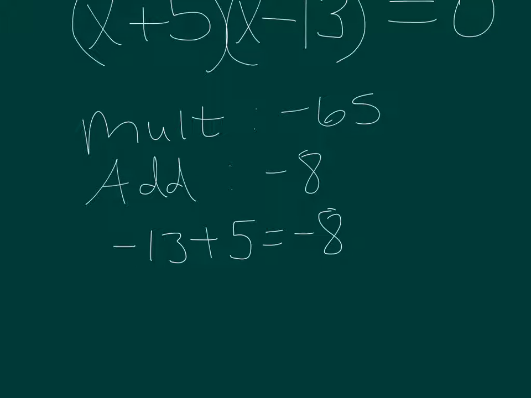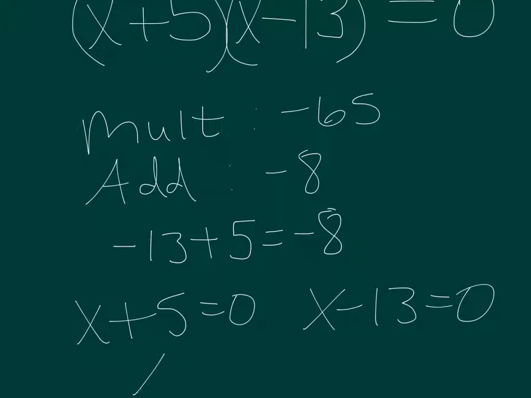So now we have x plus 5 equals 0 and x minus 13 equals 0. So we subtract 5 and we add 13. So when writing the answer, we always write the smallest number first, right? And there is our answer.